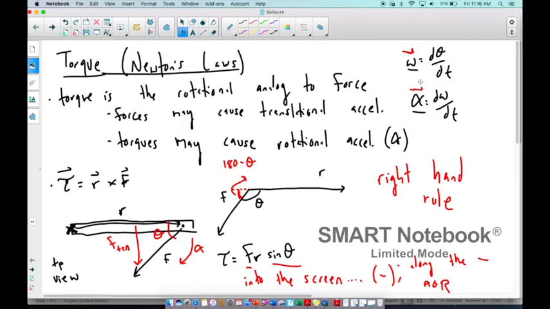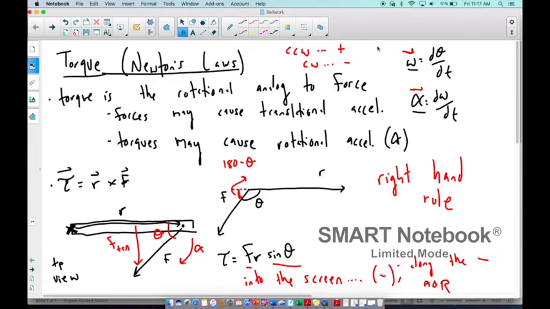You use the exact same right-hand rule to do this. We always say that counterclockwise is positive, and clockwise, of course, is negative. The reason for that comes from the unit circle, right?